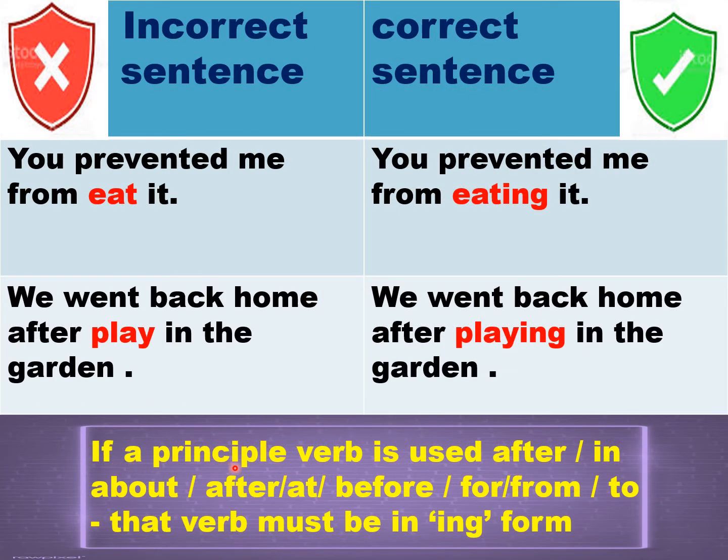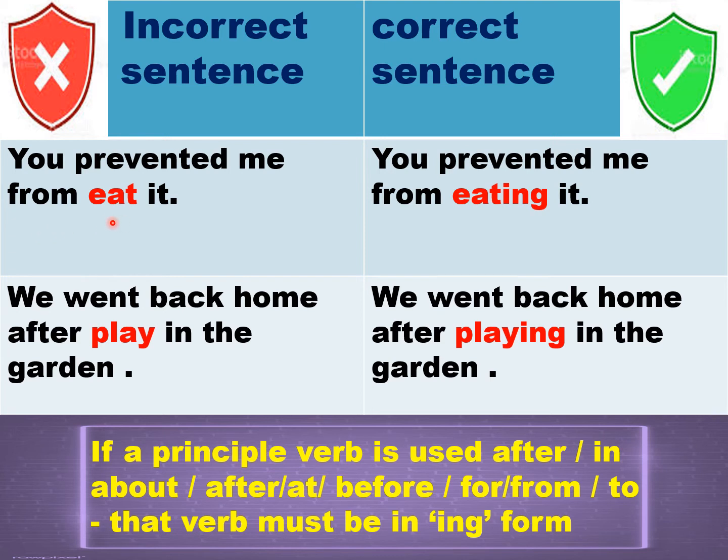If a principal verb is used after in, about, at, before, for, from, to, that verb must be in ing form as a rule. See the sentences. You prevented me from eat it. We went back home after play in the garden. Eat and play are the principal verbs.